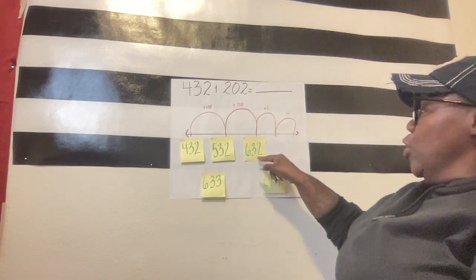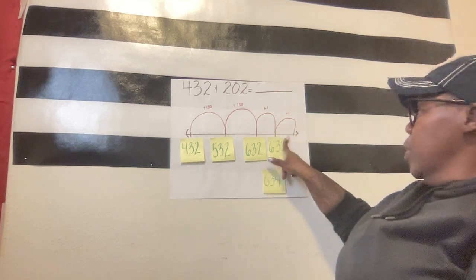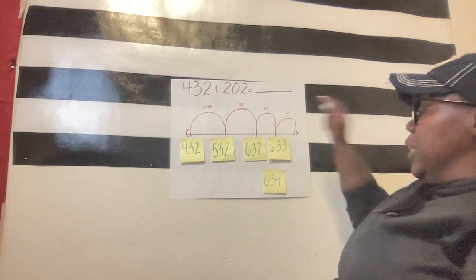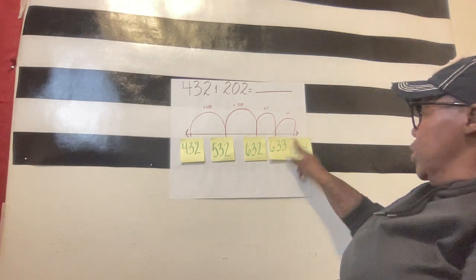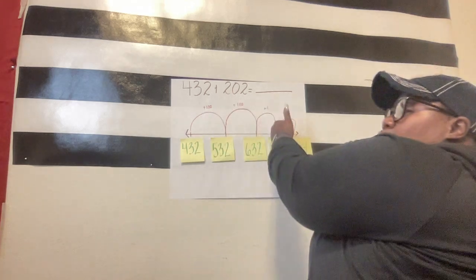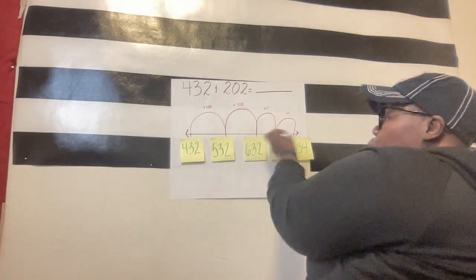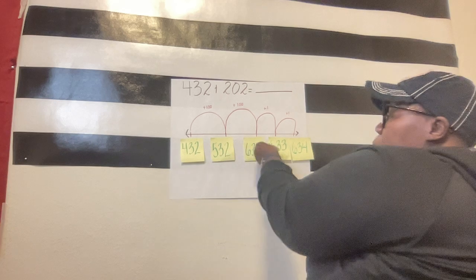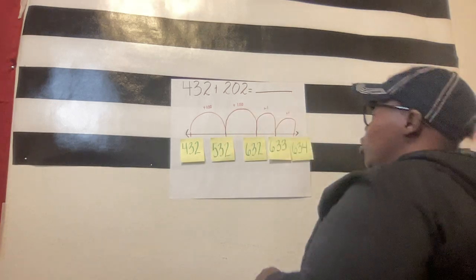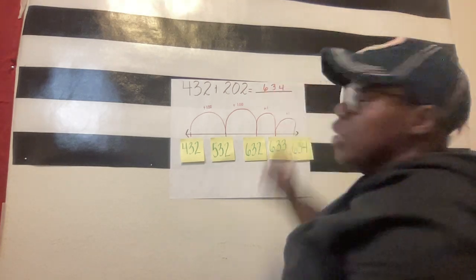So 632 plus 1 will give you 633. 633 plus 1 will give you 634. So you get the open number line, the jumps are labeled, you have the boxes mixed up, and then you put the boxes on the number line to prove that this is how it is, and it gives you the total or the sum of 634.